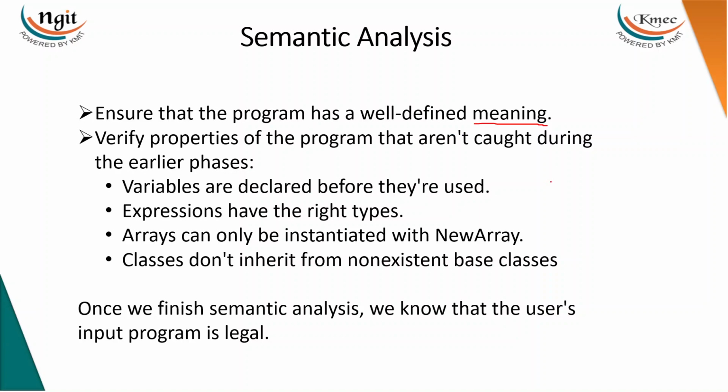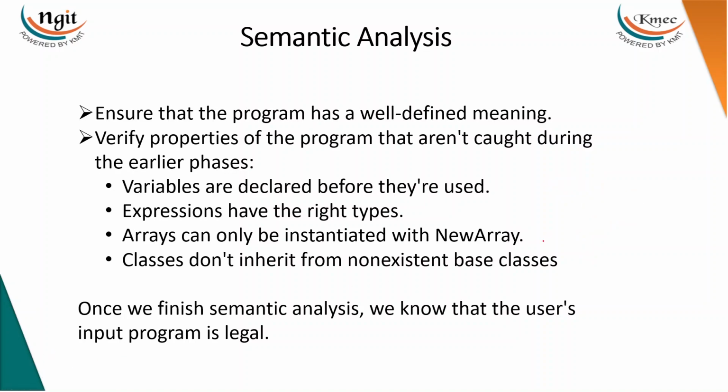In the first phase of the compiler, we check only the lexical errors, like whether it is not satisfying the identifier rules, like invalid identifiers. If it starts with an underscore or a letter, that is a valid identifier. If it starts with a number, like if you declare int 1a, this is a lexical error, which will be caught by the lexical analysis.